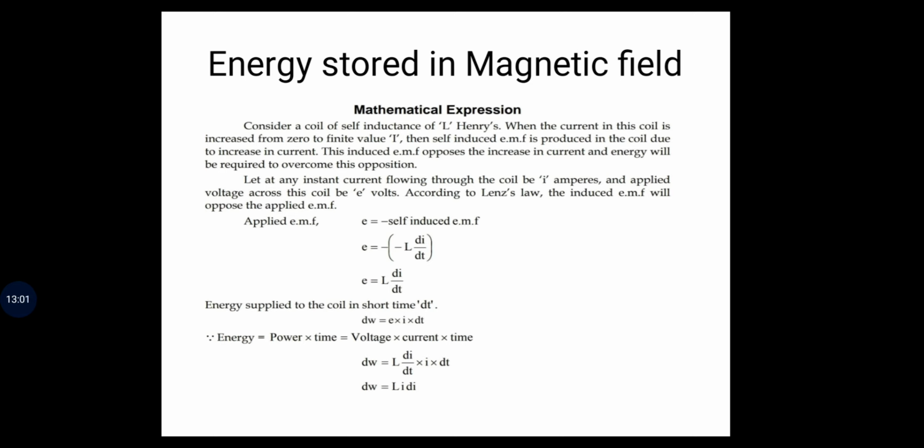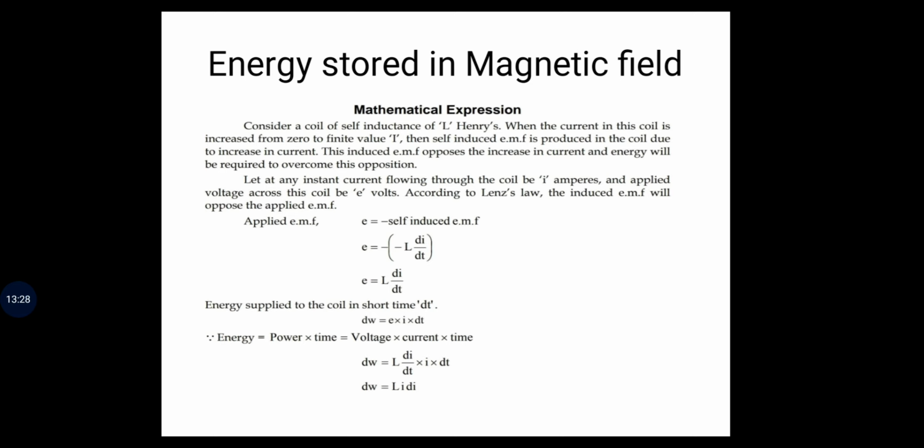We take a coil of self-inductance L Henry. When the current in this coil is increased from 0 to a finite value I, a self-induced EMF is produced in the coil due to the increase in current.